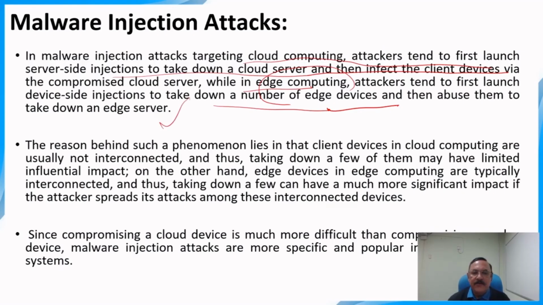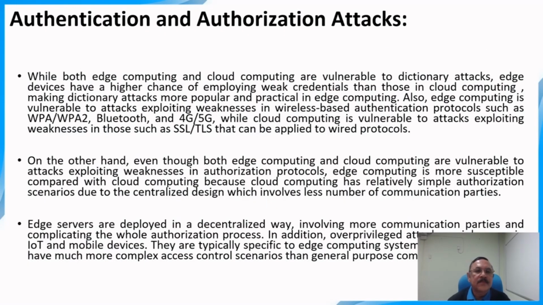The reason behind such a phenomenon lies in the client devices in the cloud usually not being interconnected, so taking down a few of them may have a limited impact. On the other hand, edge devices in the edge computing are typically interconnected, and thus taking down a few can have a much more significant impact if the attacker spreads his attacks among the interconnected devices. Compromising a cloud device is much more difficult than compromising an edge device. Malware injection attacks are more specific and popular in the edge computing systems.